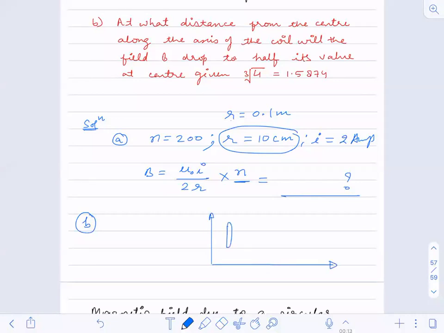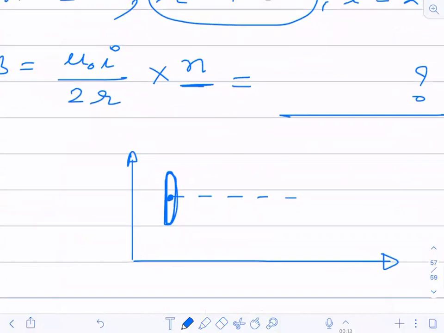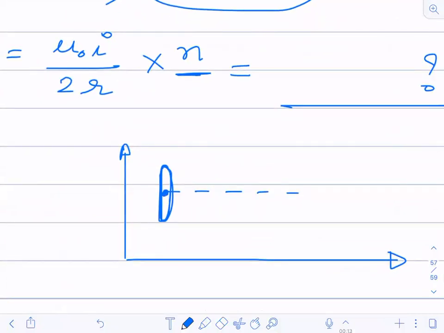Suppose here you have a coil, and this is its axis. At the center point, the magnetic field is B. At what distance from this center will the new magnetic field be half of the magnetic field at the center?